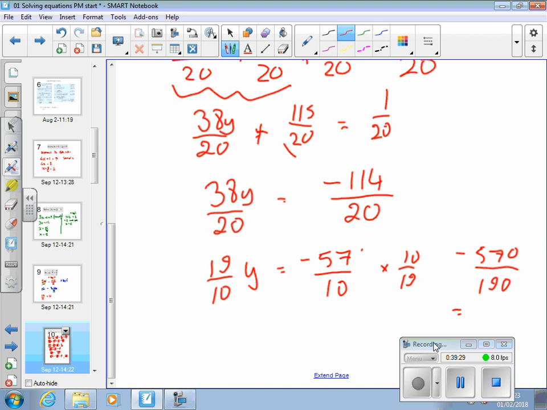I'm doing it all in one go, multiplying both sides by 10 to cancel the 10 out at the bottom of there. Yep. And then dividing both sides by 19. And all in one go. Do it separately if you like.